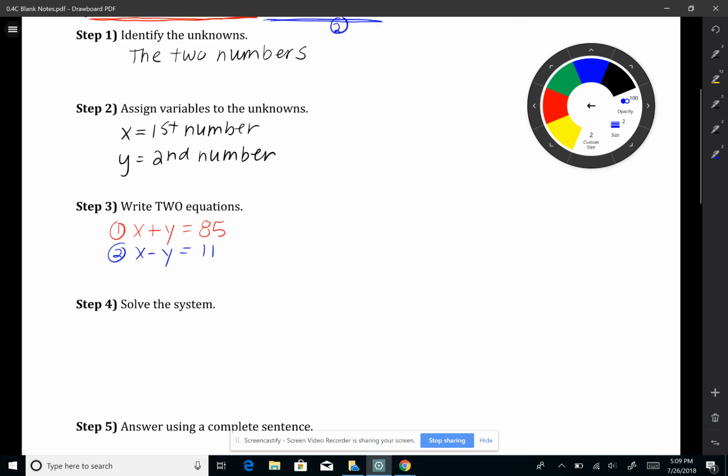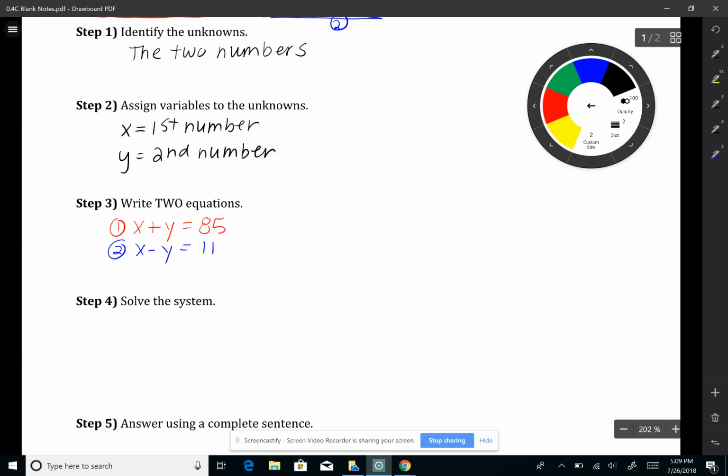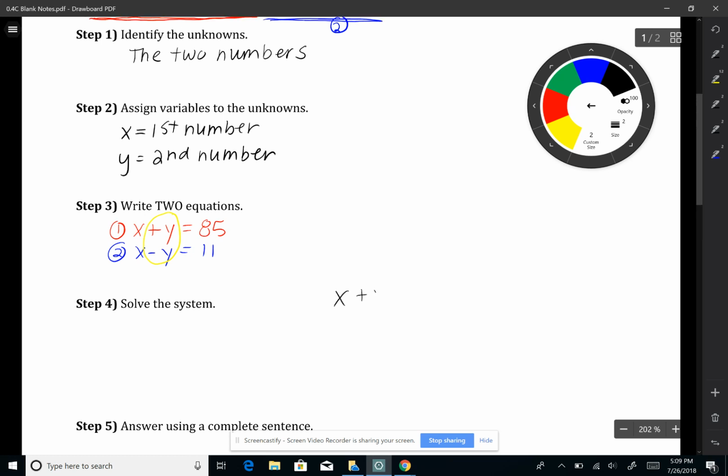Now I hope you notice that these are both in standard form, and look at right here. Our y's are already opposites of one another. So this definitely would be a good situation to use elimination. So I'm just going to write this over here just so we can see. I don't have to rewrite either of them because y's are already opposites of one another. So I'm going to make this a big addition problem.